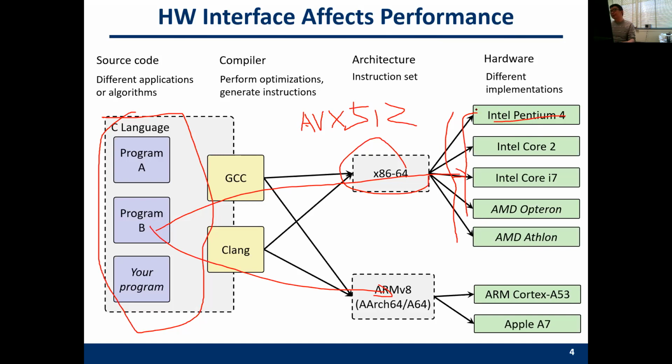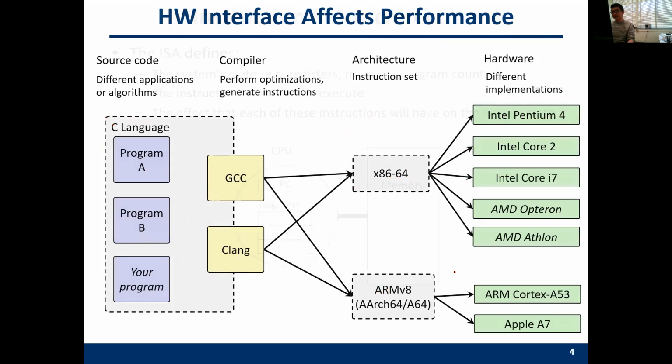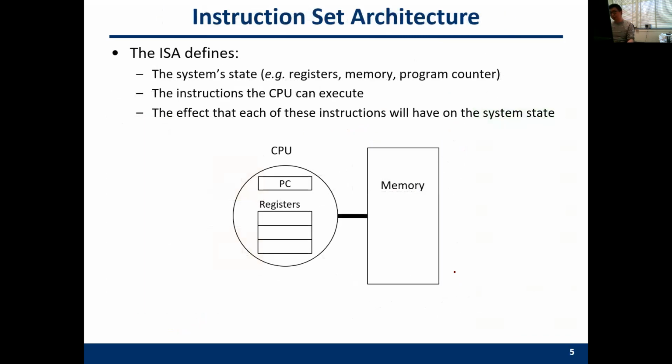So from this perspective, the difference between the old Intel CPU and the new Intel CPU is even larger than the difference between the latest Intel CPU and the latest ARM core. So providing this portability is very difficult, but it's still doable.